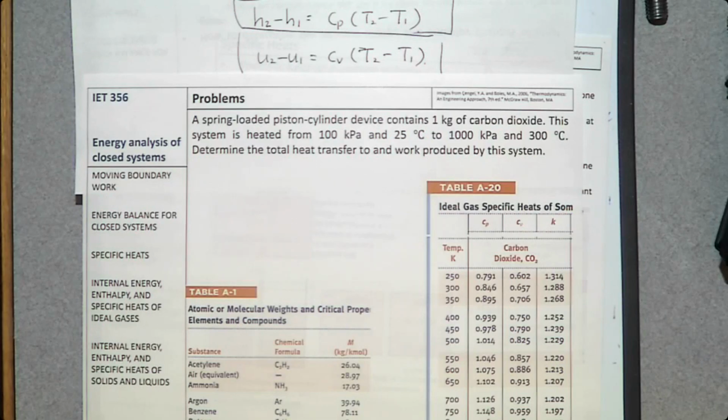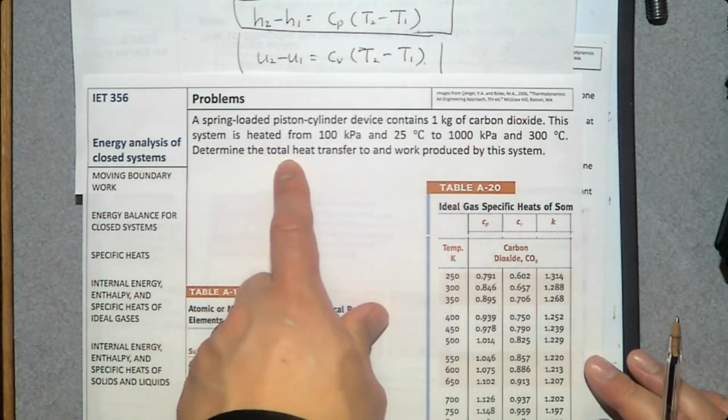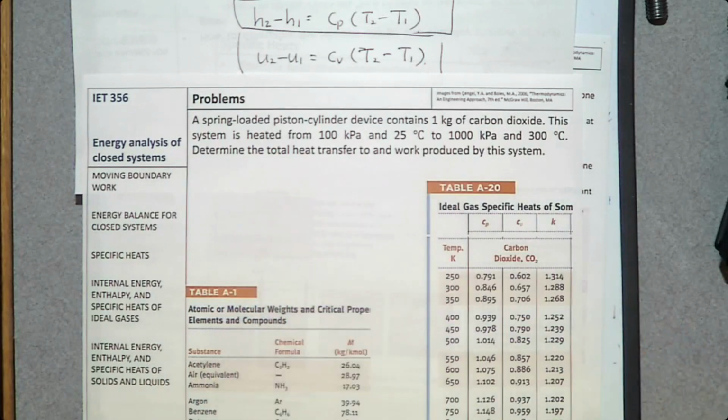The system is under a heating process from 100 kilopascal at 25 degrees Celsius to 1000 kilopascal at 300 degrees Celsius. We want to determine the total heat transfer and the energy transfer by work.